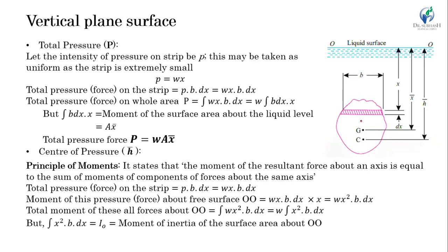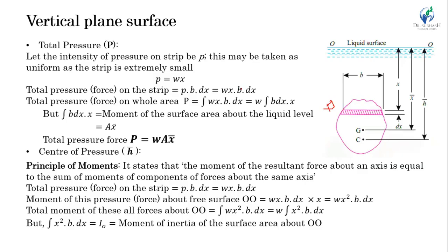Let's suppose the intensity of pressure on this surface is small p. According to the definition of force, the total pressure is the intensity of pressure multiplied by area.